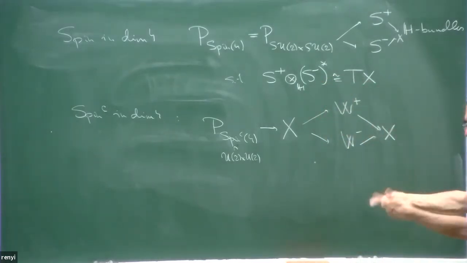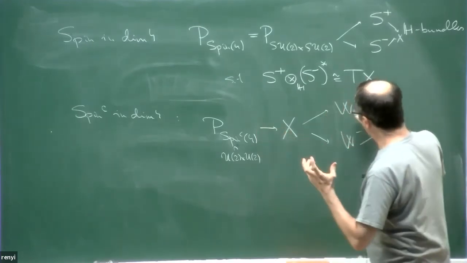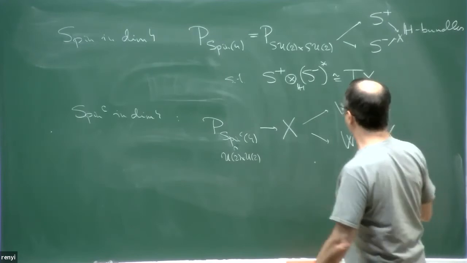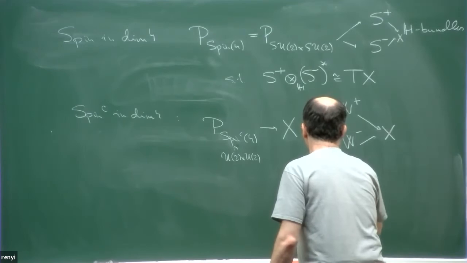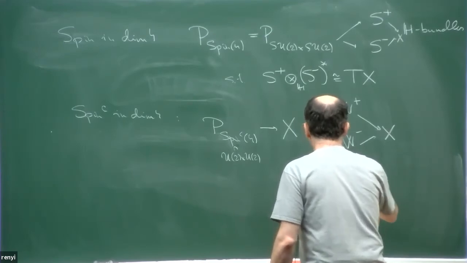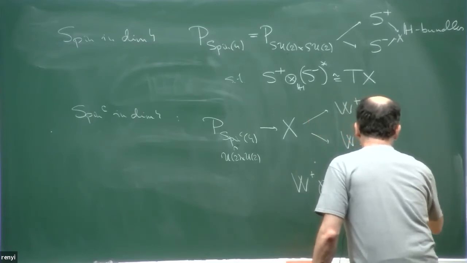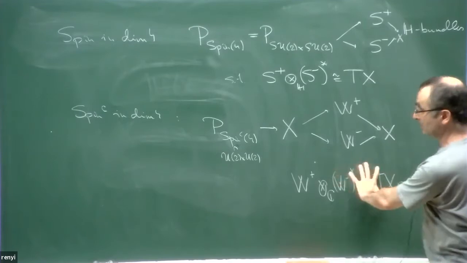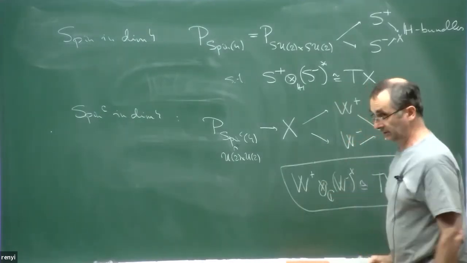And then once again, tracing through the representations, the relation of this bundle with the principal frame bundle tells us that W plus tensor over C, W minus star is the same as the tangent bundle after complexification. So this requires a little bit of thinking, and we will use that identity over and over again.